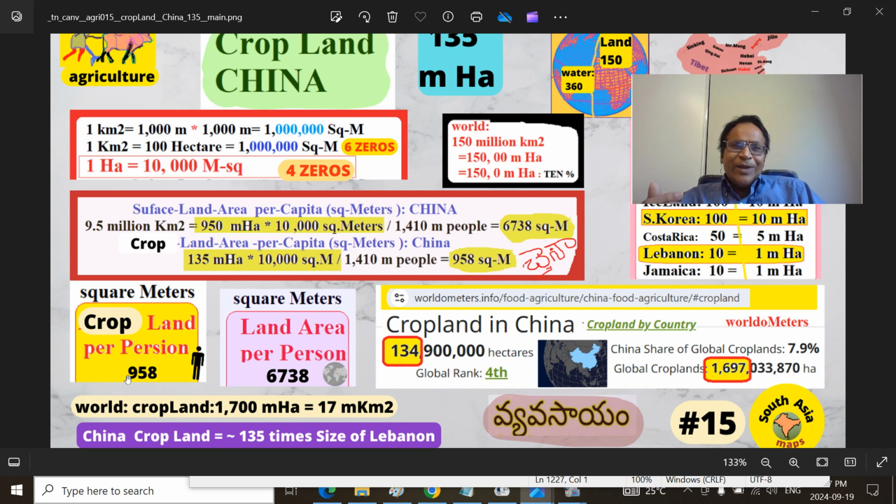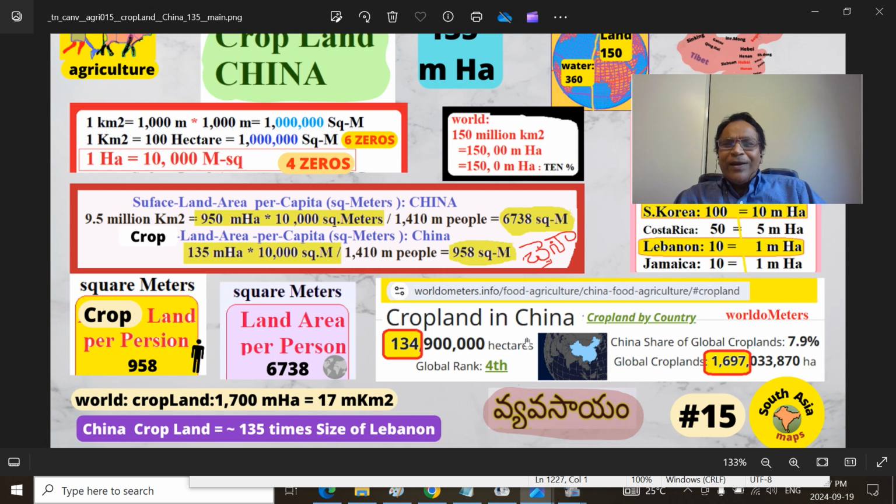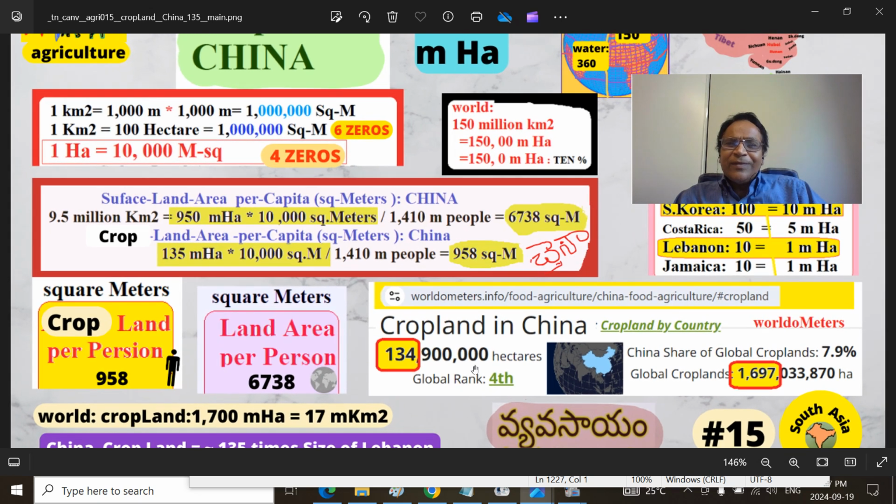Very easy. If you say 33, 33, 33, it becomes 1000. That means if you fence it for every person, you will put in a 33 square meter area, that becomes around 900, 950 or so. We got this information from this world map. So this gives 134.